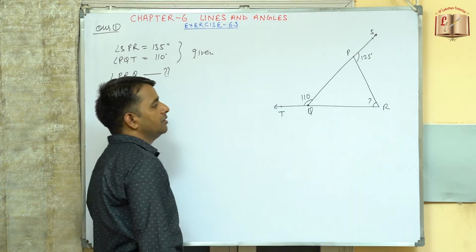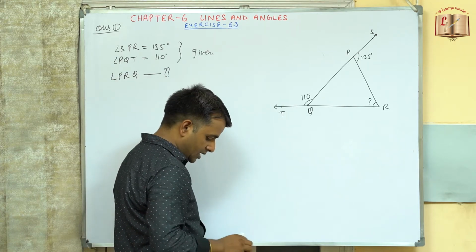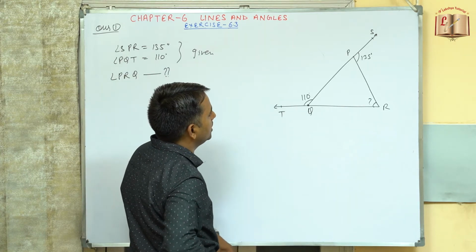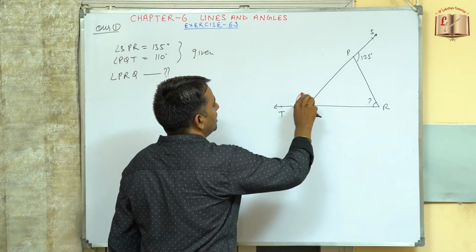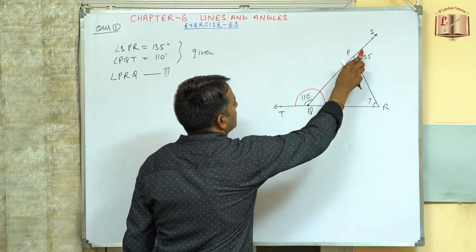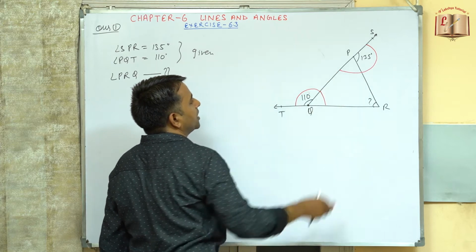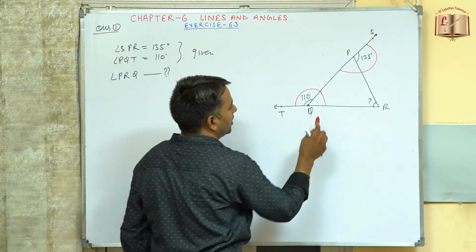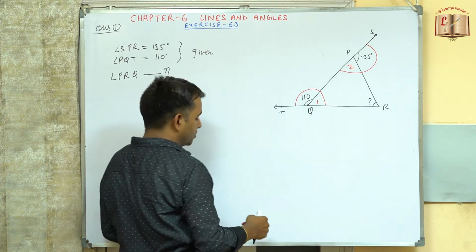Now see that this complete will be 180 degrees. This is a linear pair. Similarly this complete will also be 180 degrees. This is also a linear pair. So I can mark these as angle 1, this is angle 2.